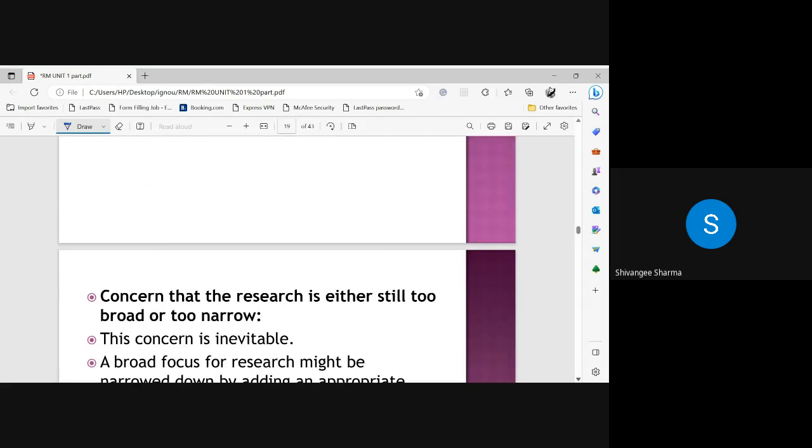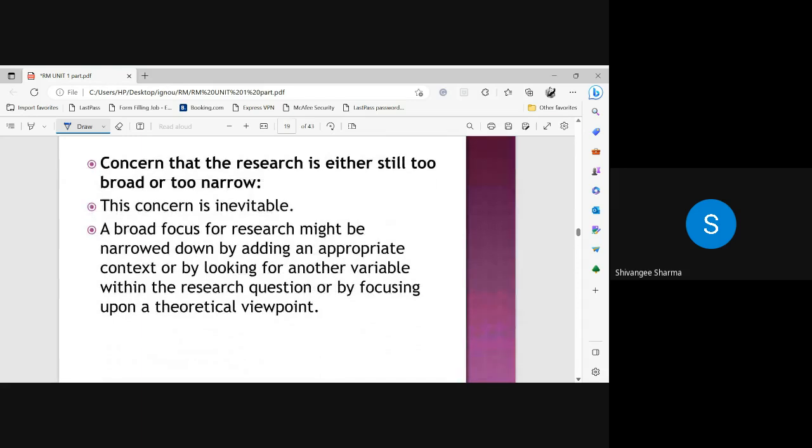Okay. The next concern for researchers is whether the topic is too broad or too narrow. This can happen when you are choosing your topic of research. If you are doing a very broad category of research, it is going to be very difficult for you to analyze in a frame of time. Suppose you are analyzing motivational techniques in the banking sector.